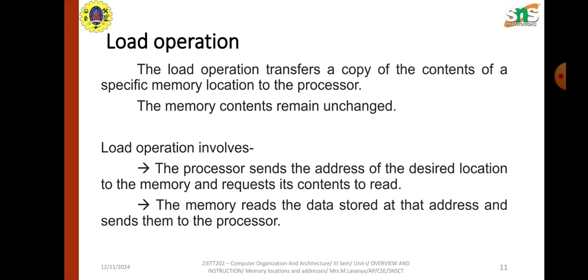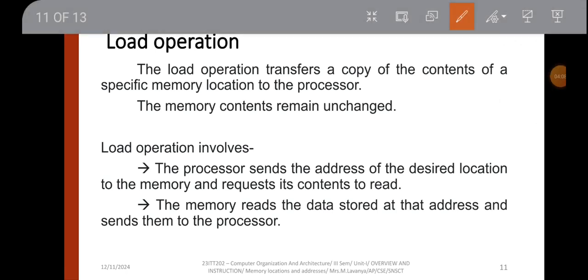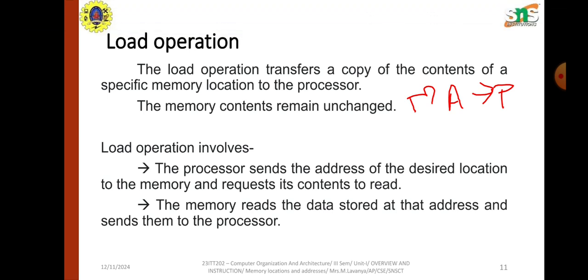This is the definition for the load operation. The load operation is nothing but transferring a copy of the content of a memory location to the processor. As I have said earlier, load is memory address to processor, and the memory location values will be unchanged because only a copy is transferred to the processor.